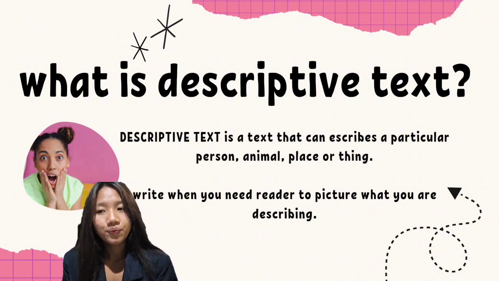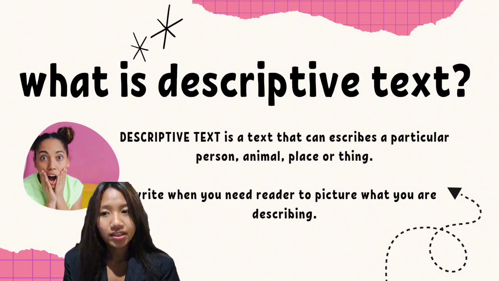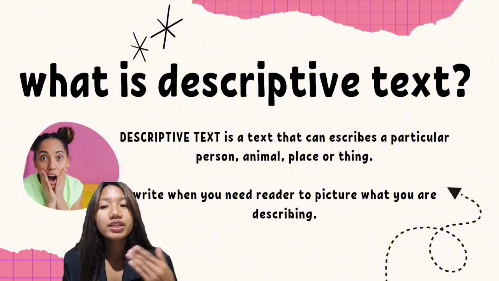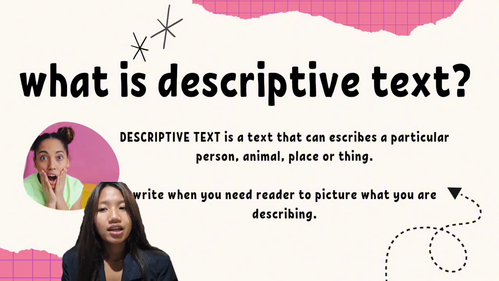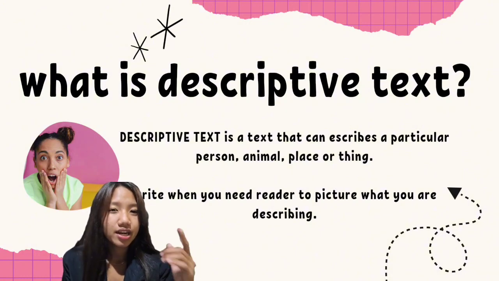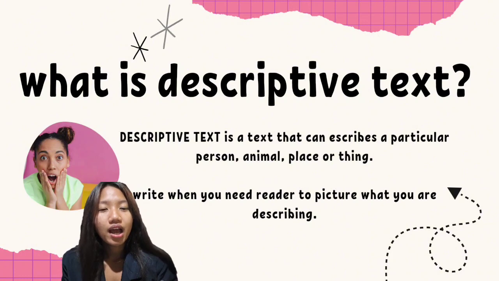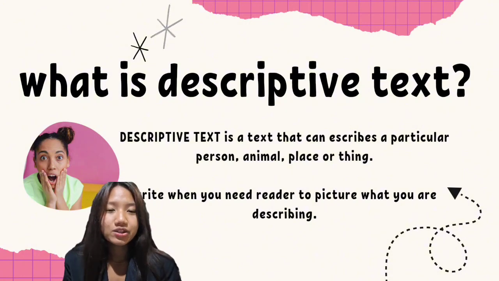And also when you write, you need to help readers picture what you are describing. So when you describe, the reader knows what you are describing. So that's the point here, to describe a person, animal, place, or anything.